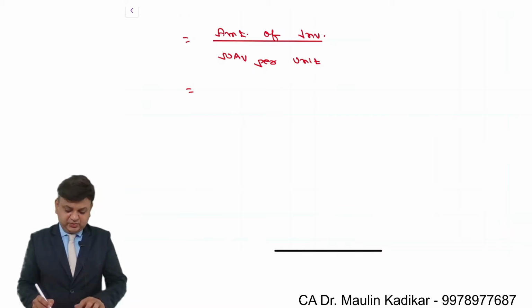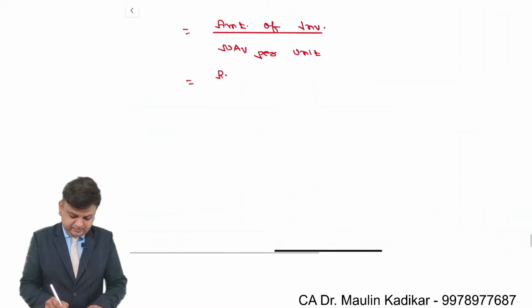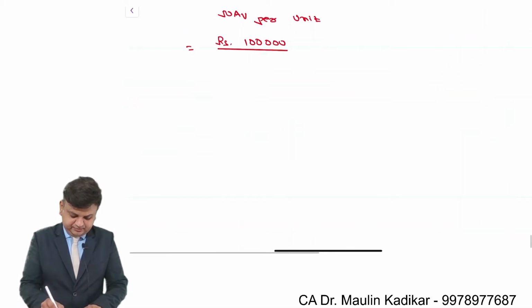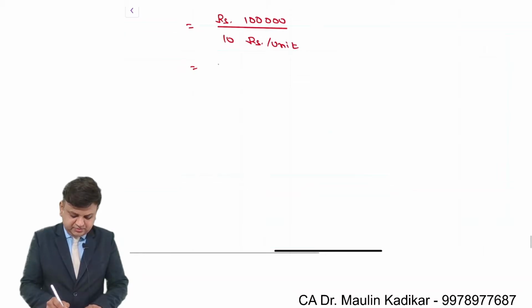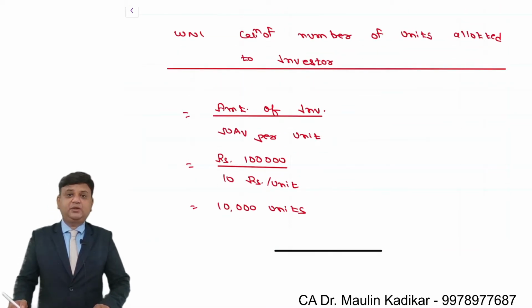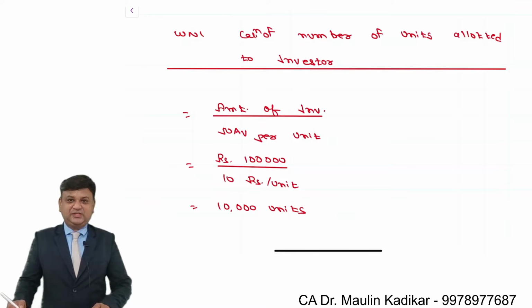Amount of investment is 1 lakh rupees. Net asset value per unit is 10. So it comes to 10,000 number of units. That is the way, first of all, we can compute the number of units allotted to the investor.